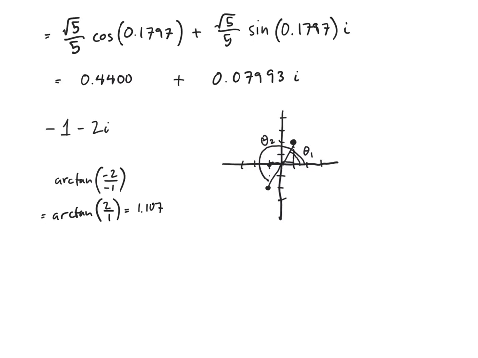And that's not good because the angle is not 1.107. The angle is a whole 180 degrees around. So we actually have to add pi to the angle. And so you actually have to do this yourself and look and see which quadrant your complex number is in and add pi to the angle if necessary.